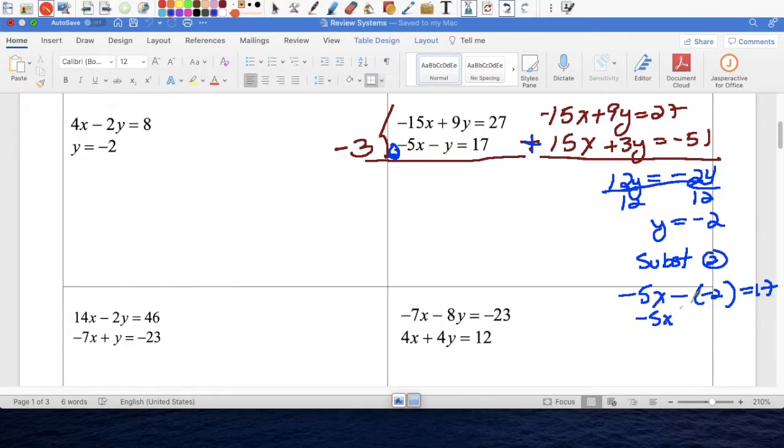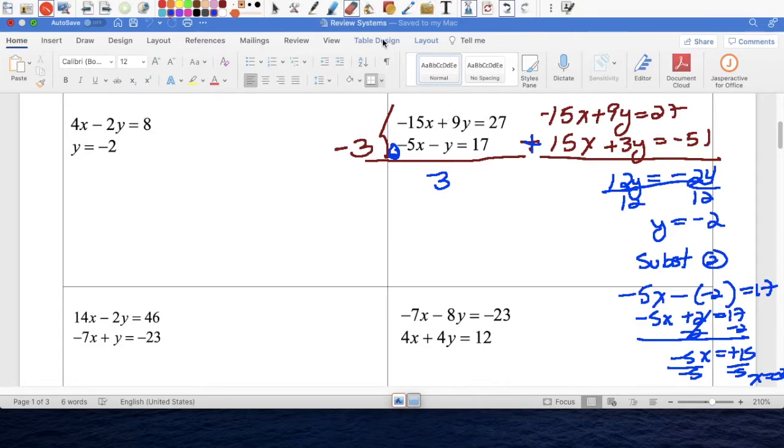Negative 5x, this becomes plus 2 equals 17. We're going to do minus 2 on both sides, and negative 5x equals 15. Sorry, positive 15, divided by negative 5, and x equals negative 3.